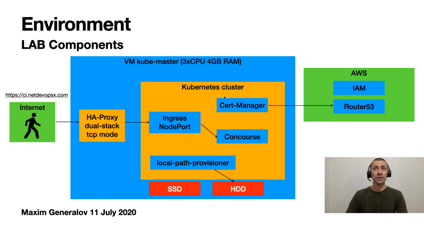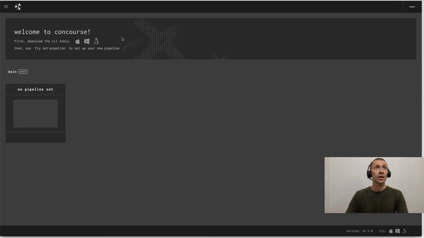That's why we've got this green certificate, and then we are able to open the page of the Concourse. So as you can see, it works pretty easily, and yeah, it's really cool.